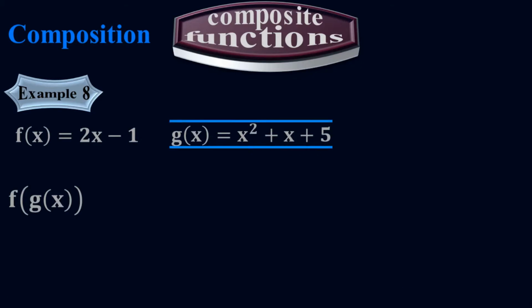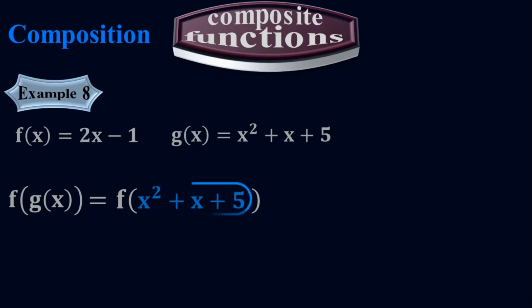Let me replace g of x by x squared plus x plus 5 to have f of x squared plus x plus 5. F of x squared plus x plus 5 means that put x equals x squared plus x plus 5. Put this expression for all the x variables in f of x. I have only one x, so just replace x by x squared plus x plus 5.